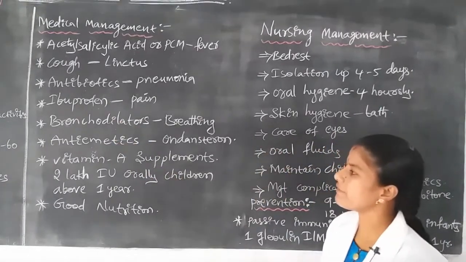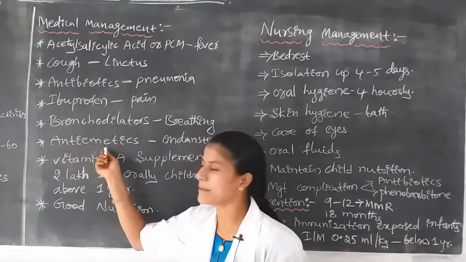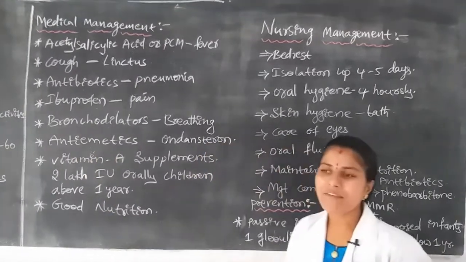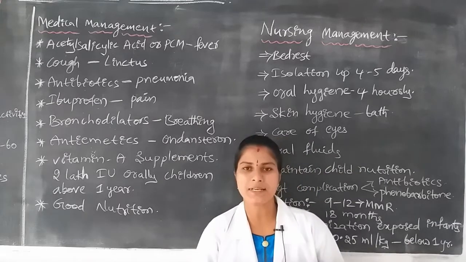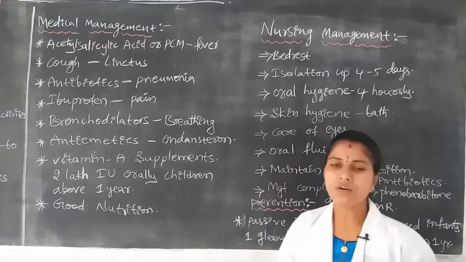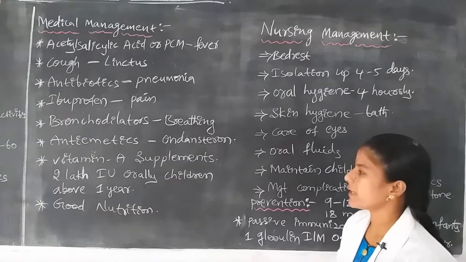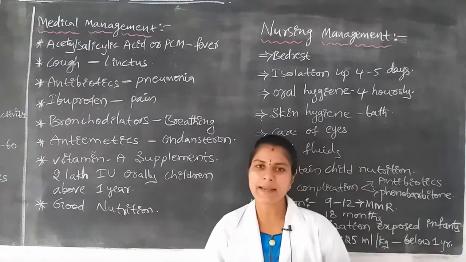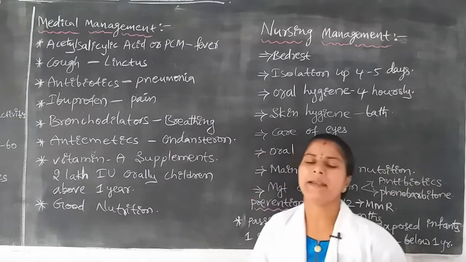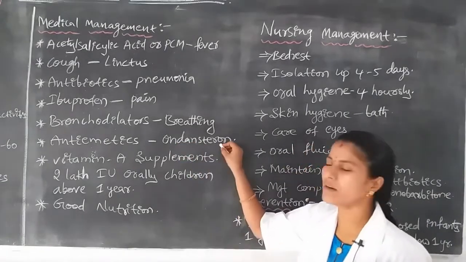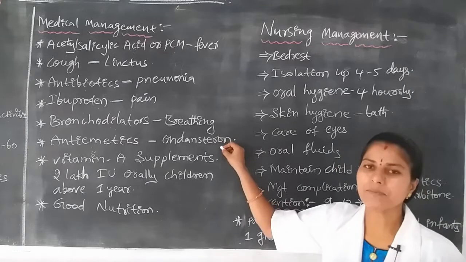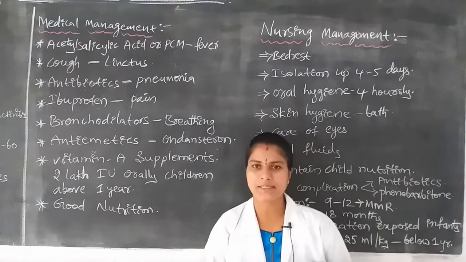Next, we have to administer antiemetic drugs. What is the use of antiemetic drugs? For control of vomiting in the children. For example, ondansetron. This drug is administered for control of vomiting.